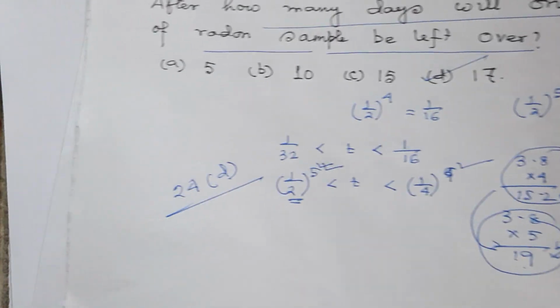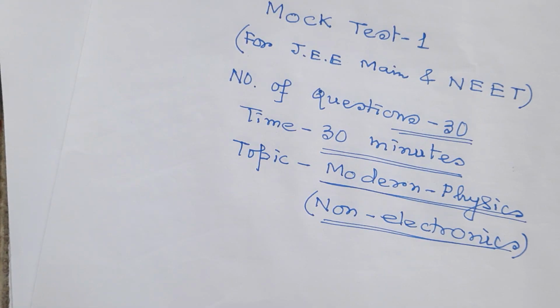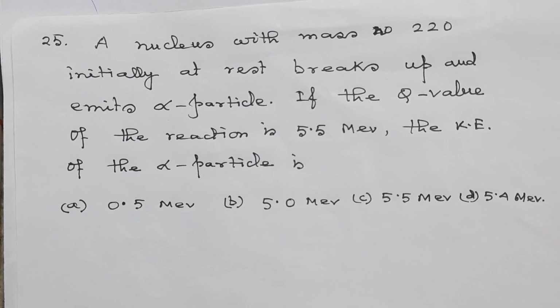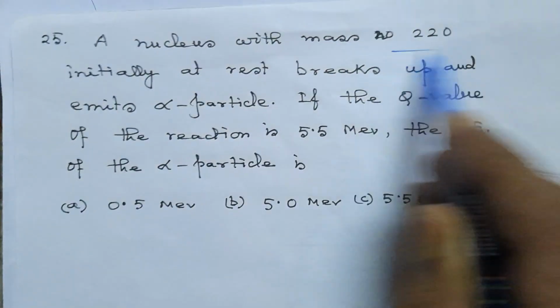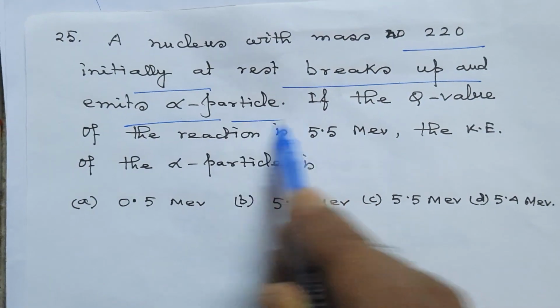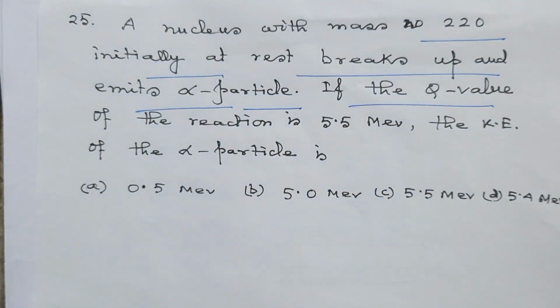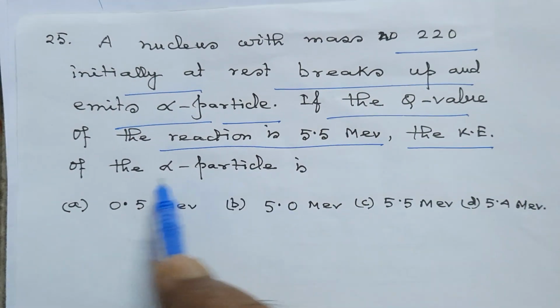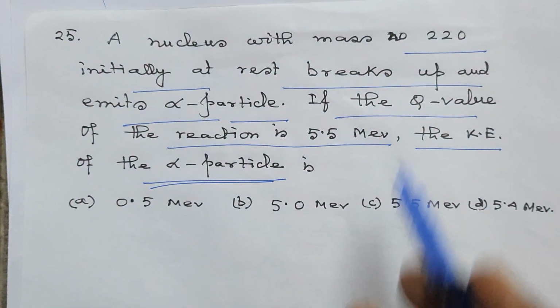Now let us see question number 25. A nucleus with mass number 220 initially at rest breaks up and emits an alpha particle. If the Q value, that is the total energy emitted in the reaction, is 5.5 MeV, find the kinetic energy of the alpha particle.